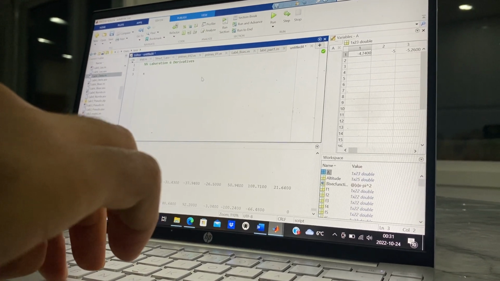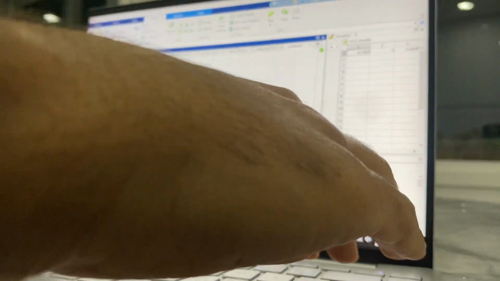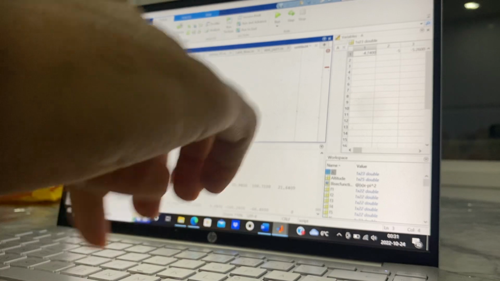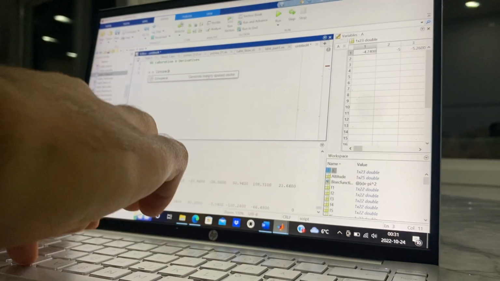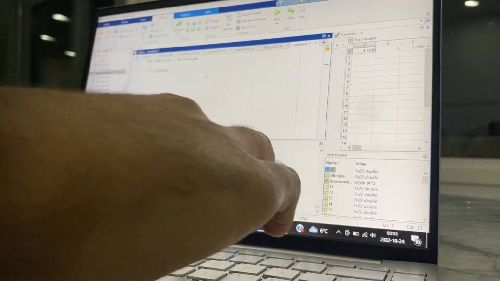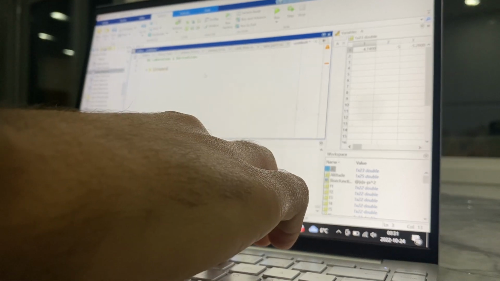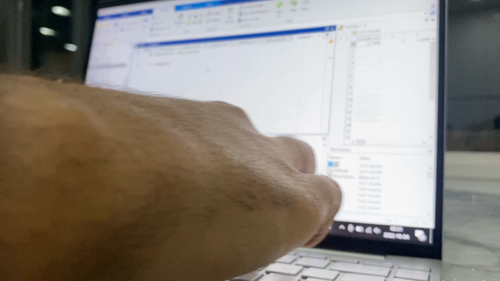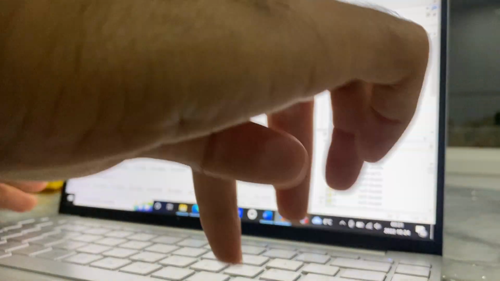So I'm going to create this x vector here from minus 5 to plus 5. I'm going to do it with linspace, as in part 1 of the elaboration, to make it quicker.